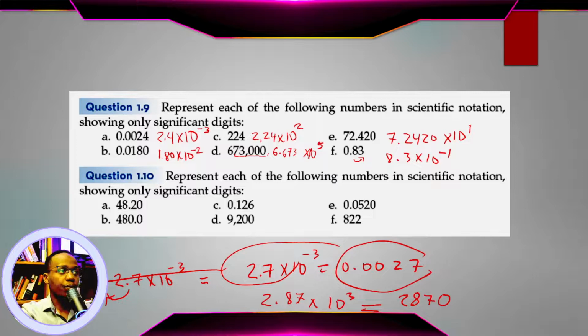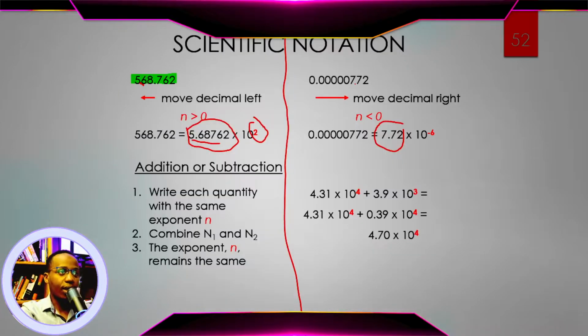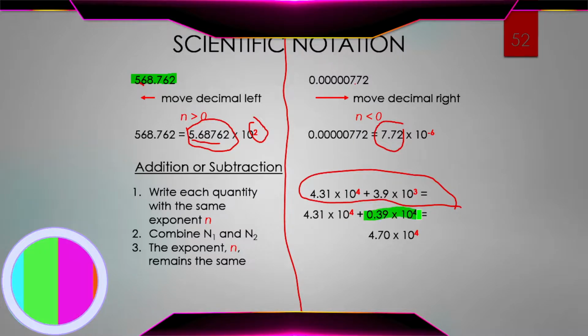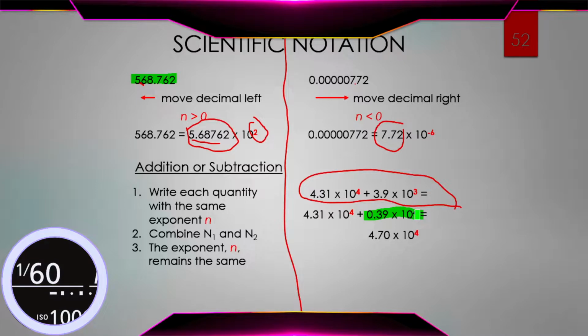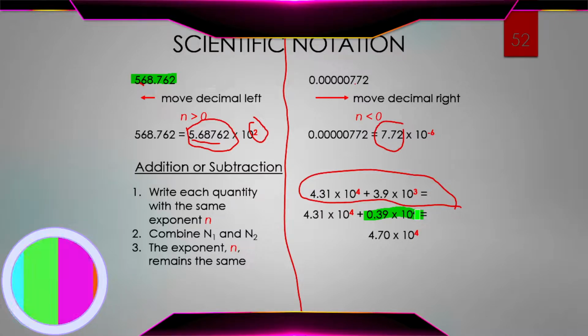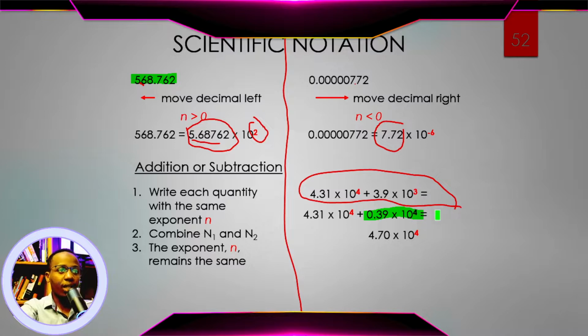Okay, so a few other things that you need to know. When you're adding or subtracting, you're going to need to convert what you're adding or subtracting into the same unit. So if I ask you to add this to these ones, you need to convert. So that's what we did here. We converted one of them into 10 to the 4th so that we can add them up. You can't add them up if they have a different exponent, all right?